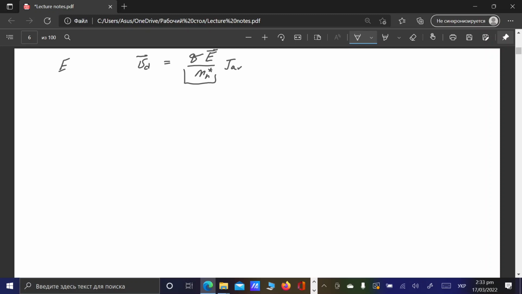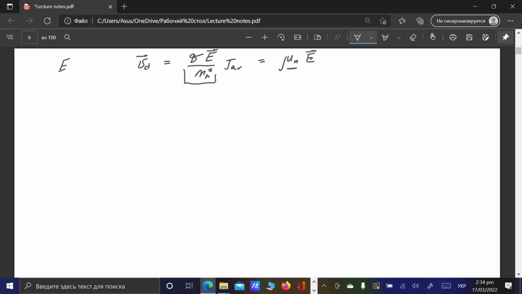It is possible to express this in a slightly different form. It can also be written as mu n times the electric field vector, and mu n is that important parameter, the mobility of charge carriers.